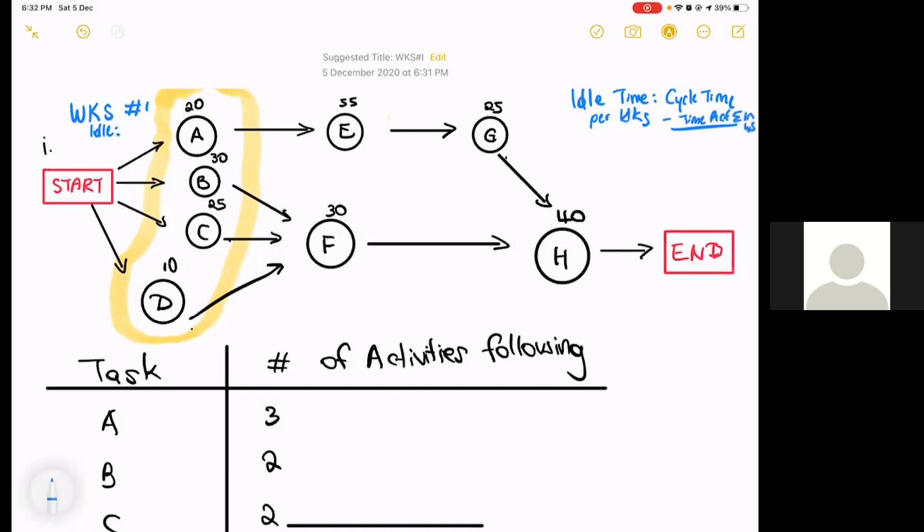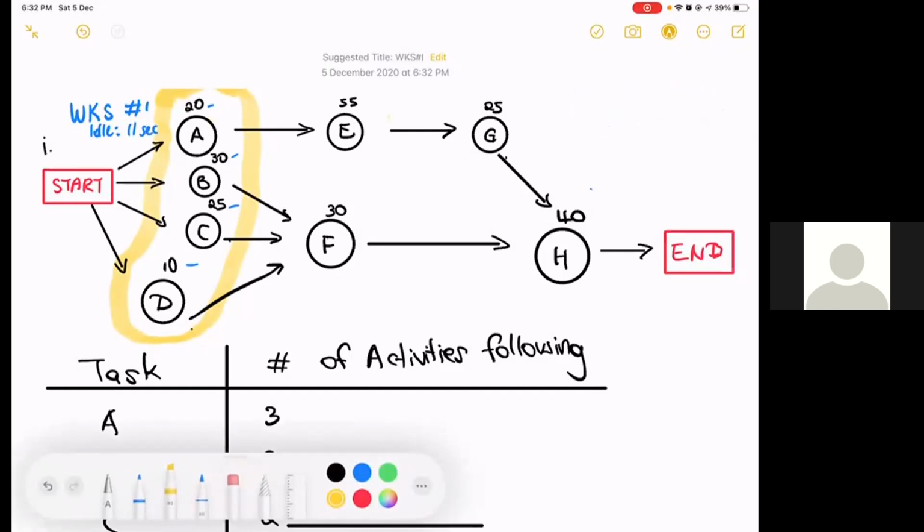All right, so right here, when we add 20, 30, 25, and 10, we get 85. 96 minus 85, we get 11 seconds. All right, I'm going to another. How else would you have assigned the others?